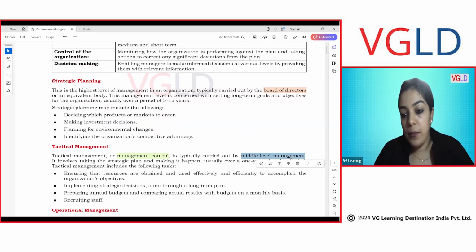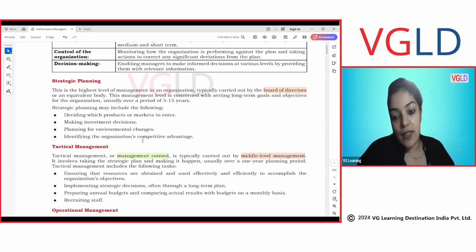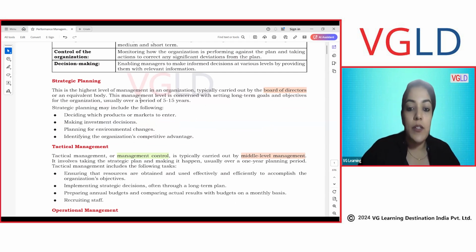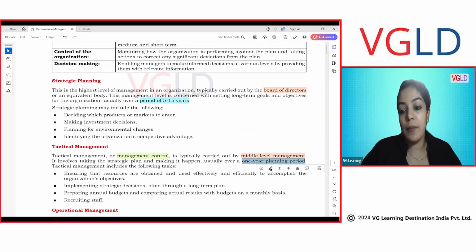Here, it is the middle level management. It involves taking the strategic plan, what has been drafted by the senior management. It involves taking the strategic plan and making it happen, usually over a 1 year planning period. Here it was a period of 5 to 15 years. And here it is a 1 year planning period.